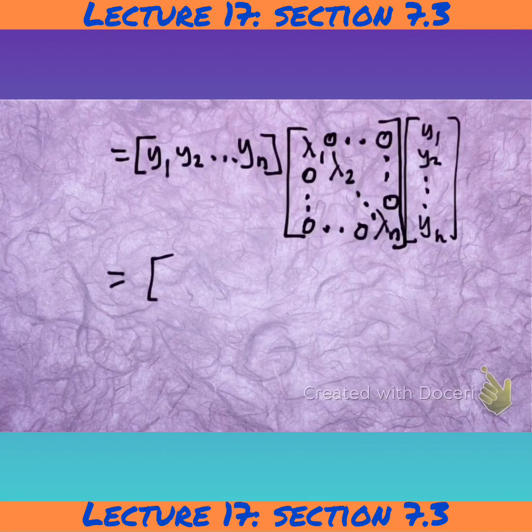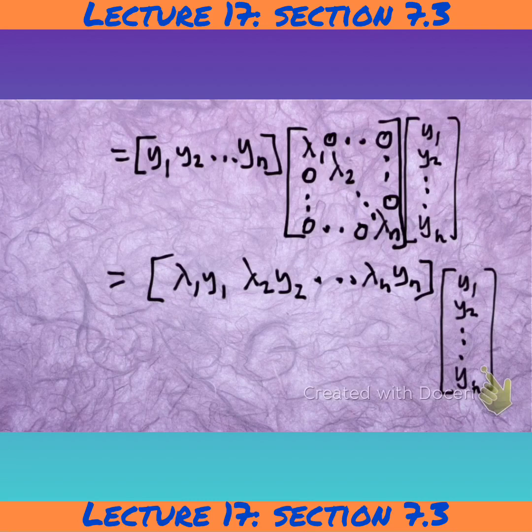So multiplying that out, that becomes lambda 1 y1, lambda 2 y2, and you're going to go up until lambda n yn. Then you multiply that with that vector there, the dot product, and that is going to be lambda 1 y1 squared plus up until lambda n yn squared.